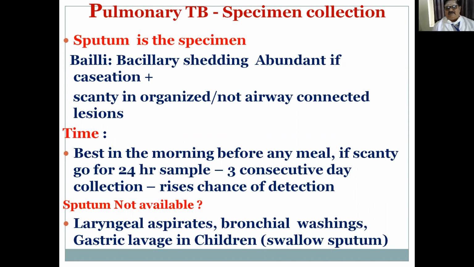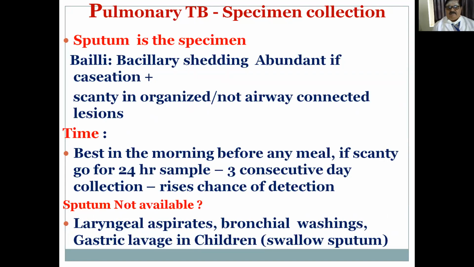For example, pulmonary tuberculosis. How to collect a specimen? As you are well aware, the specimen is nothing but sputum. Bacillary shedding is abundant if there is caseation. Remember, we said about hard tubercle and the caseation, and then becoming a soft tubercle, and they get in contact with the bronchi, or hematogenous spread.